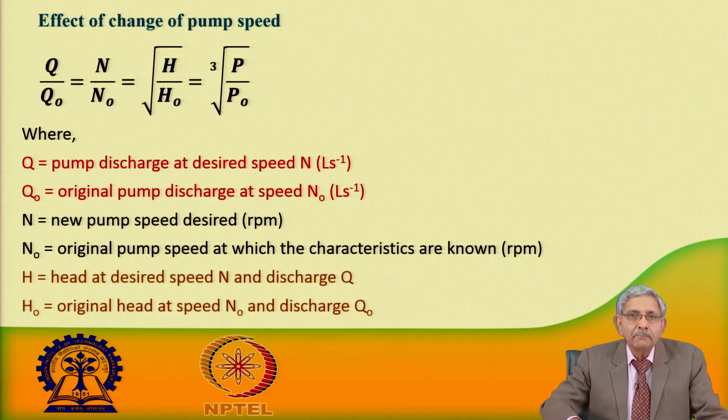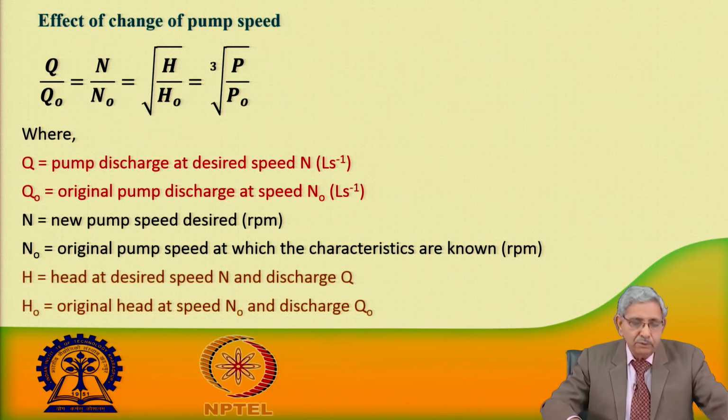Here Q refers to the pump discharge, Q naught refers to the original pump discharge, N and N naught are the pump speeds, where N naught is the original. Similarly, H refers to the head, and H naught refers to the original head.